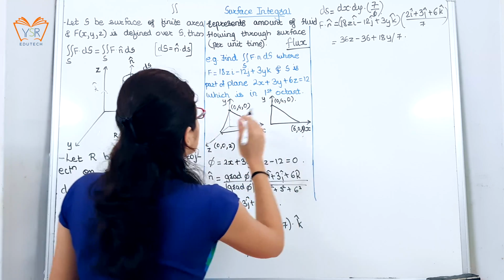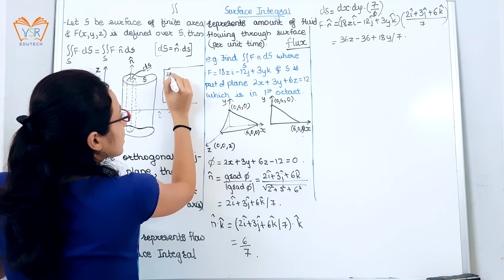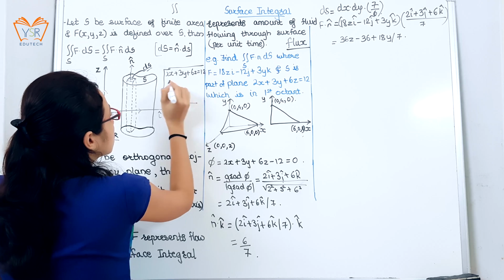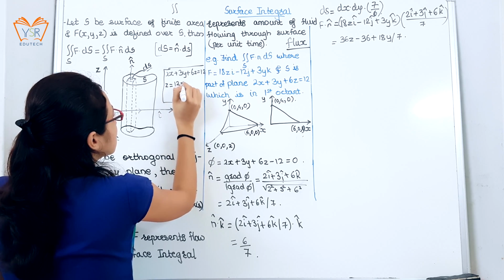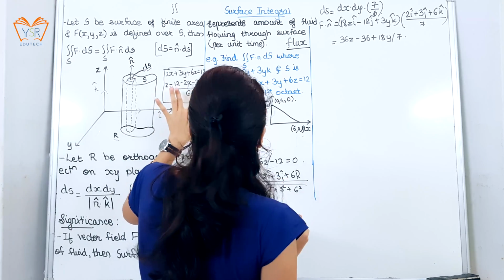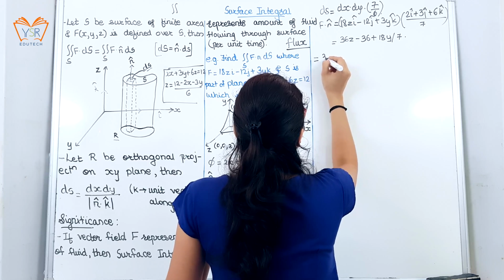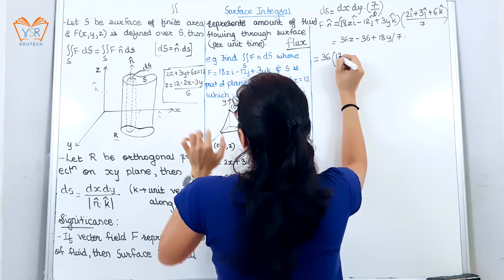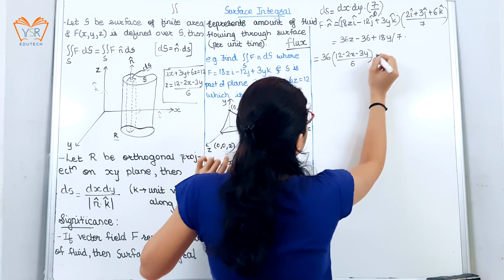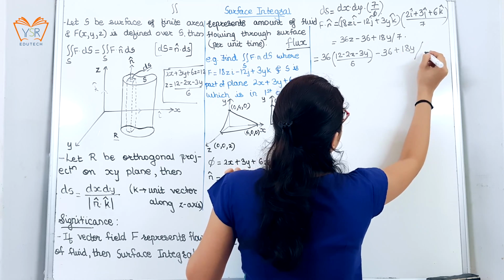From this equation, I'll find it here. The equation is 2x plus 3y plus 6z is equal to 12. To find out the value of z, we can write (12 minus 2x minus 3y) divided by 6. Substitute this value here. We get ((12 minus 2x minus 3y) divided by 6 times 18 minus 36 plus 18y) whole divided by 7.